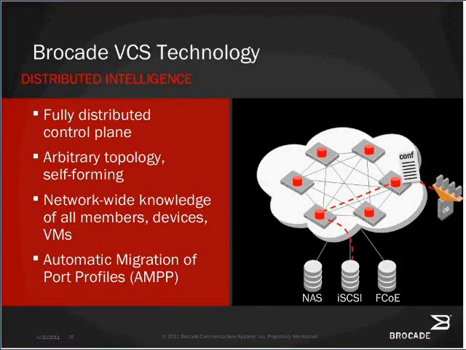And so when that virtual machine is seen on the new port, automatically the switches assign the virtual LANs, the QoS policies, the security policies, etc., to that virtual machine. And we call that the automatic migration of port profiles. So what this does, in a cloud environment or a highly virtualized server environment, is allow full dynamic movement of the virtual machines across that fabric while ensuring that the network gives the proper SLAs to that application or workload.